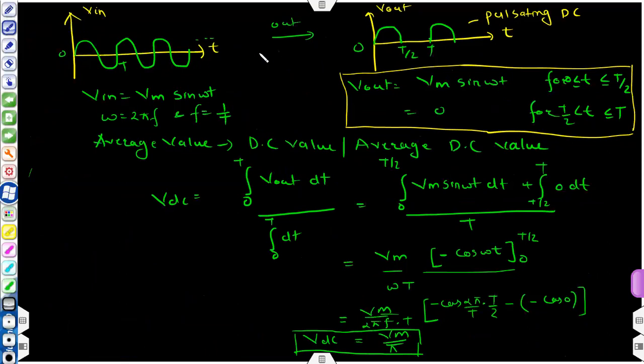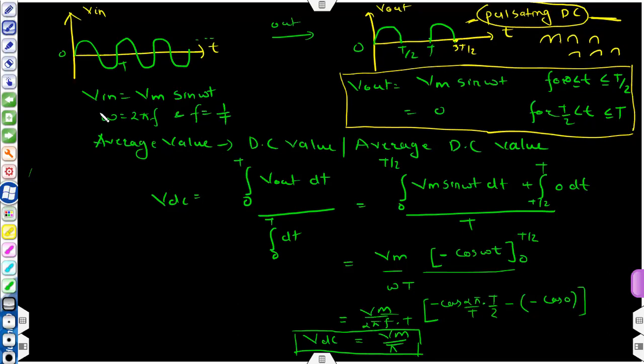If we provide this to our half wave rectifier, considering an ideal diode, this will be our output voltage: between 0 to T by 2 output is there, T by 2 to T it is 0, then up to 3T by 2. This is called pulsating DC. It is called pulsating because it is not a constant value, it is changing, it is a kind of pulse. This term is also used for this kind of output.